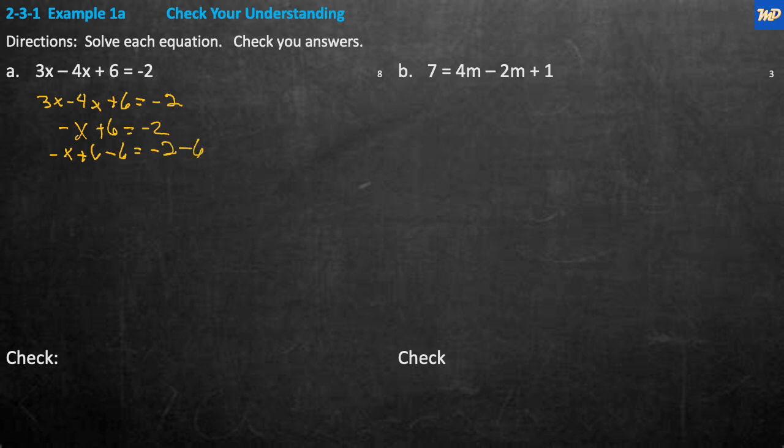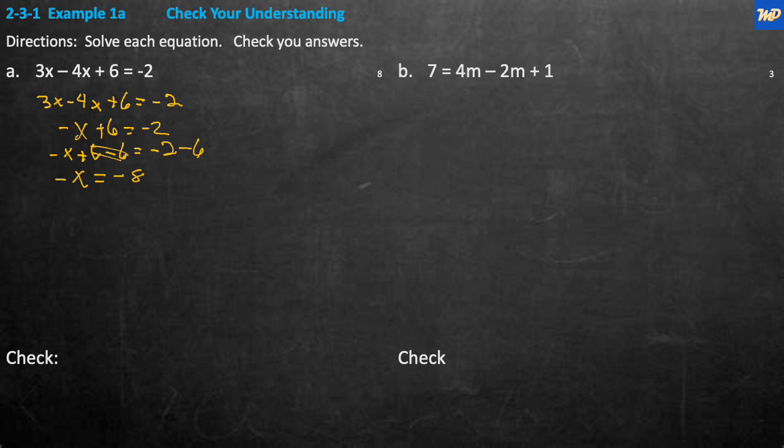Then it says simplify, combine these terms, right? So we're going to say negative x is equal to negative 8. And why? Because these are gone, right? The 6's canceled out. So now we have to get the x away from its coefficient and set a coefficient of 1. And right now it's a negative 1, so we have to multiply both sides by negative 1, or the multiplicative inverse, and we're using the multiplication property of equality.